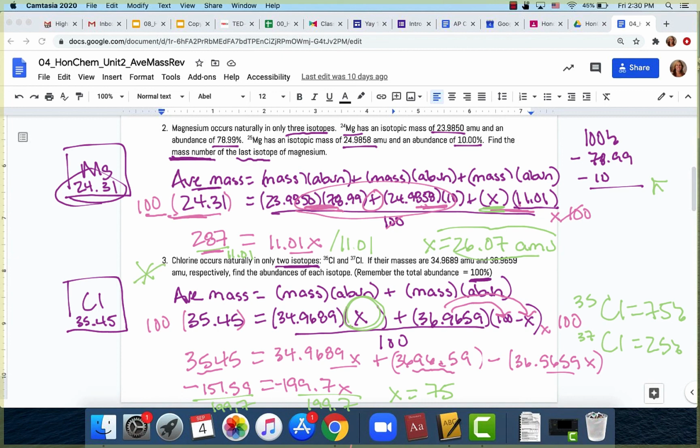But again, once you get it set up, it's just a big algebra problem. Remember that the abundances total 100. So if one of the abundances is x, the other has to be 100 minus x. That way all you do is solve for x. Remember to distribute those, combine all your like terms, get x by itself, and then subtract from 100.